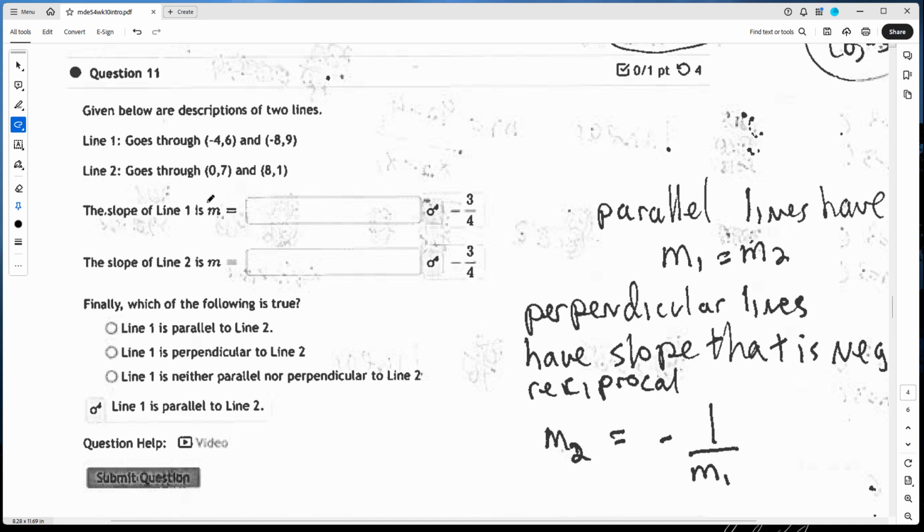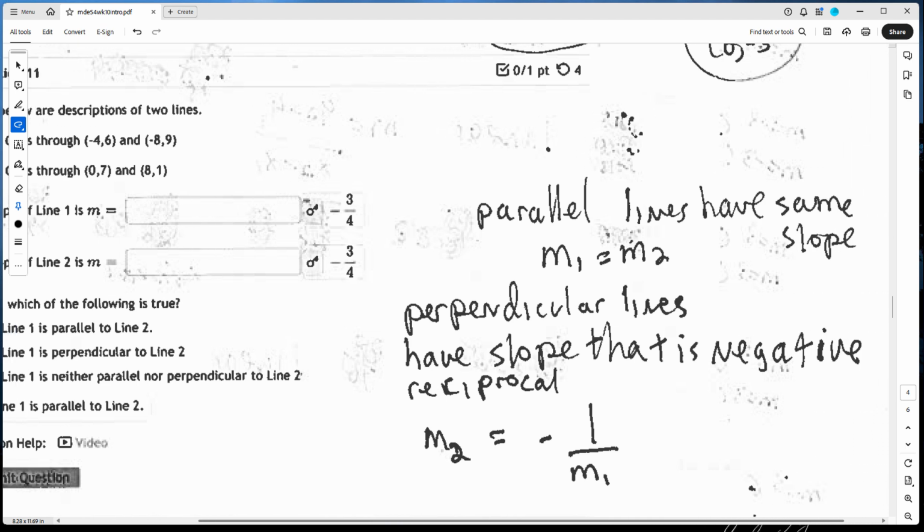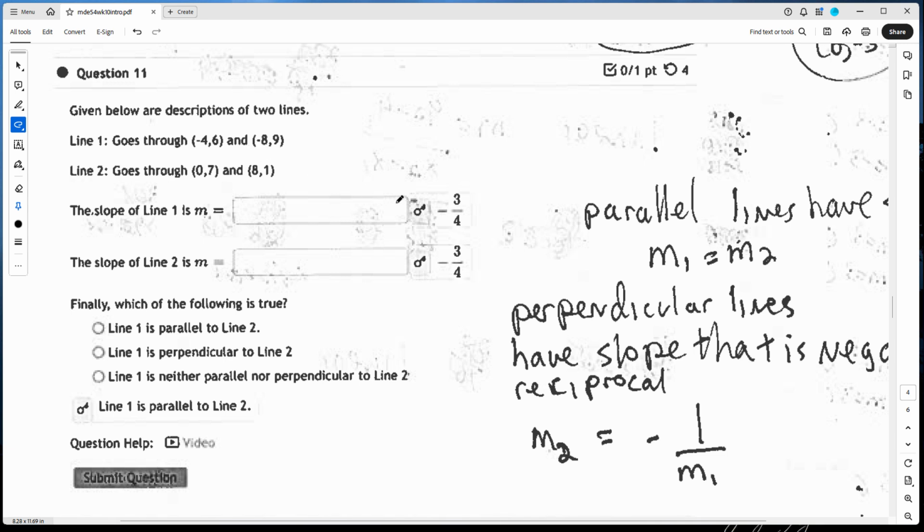So they want you to find the slopes of these 2 lines. I've already gone over how to find the slope. In this case, the slope is -3/4.